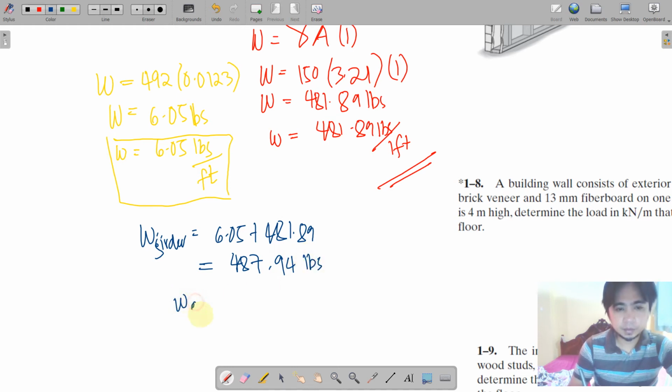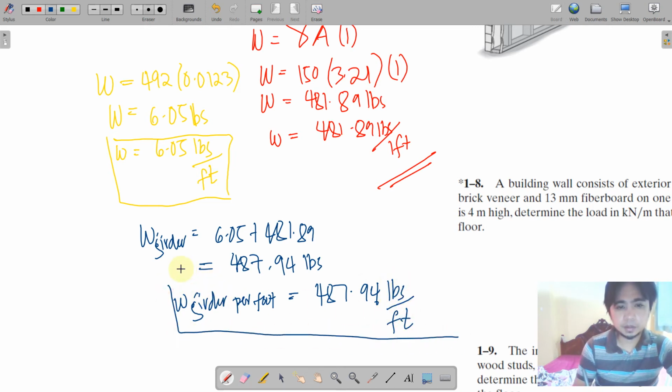So the distributed load of the girder per foot is equivalent to 487.94 pounds per foot. So this is the answer in problem number 6.